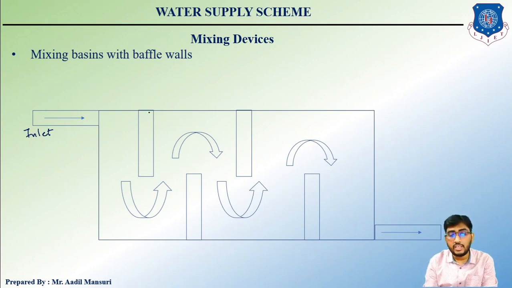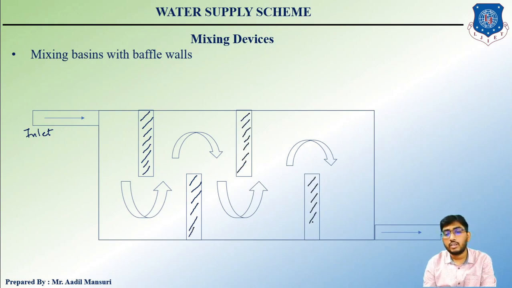Now you can see that these are the baffle walls. Water will enter through this and collide with this wall, so that effective mixing will be done because of the turbulence created.